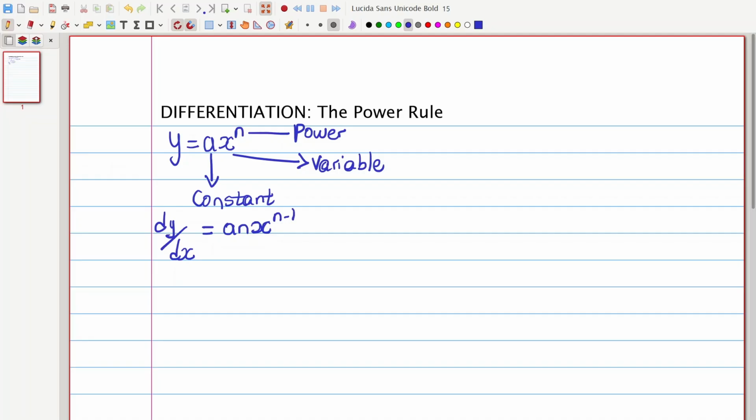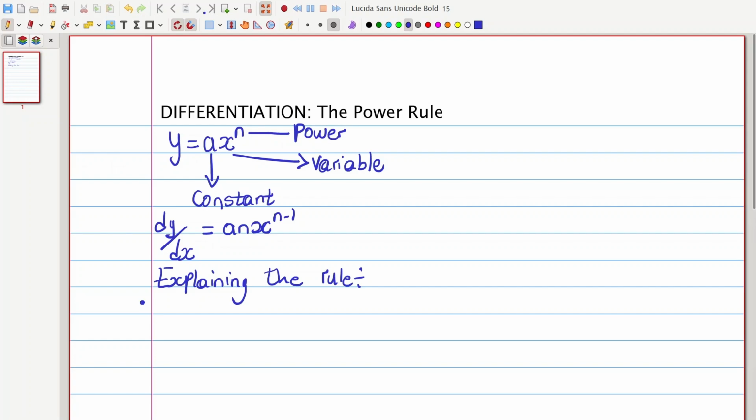Now, don't worry if this looks unfamiliar. Let's understand exactly what this rule is saying. I am going to be explaining what the rule says.